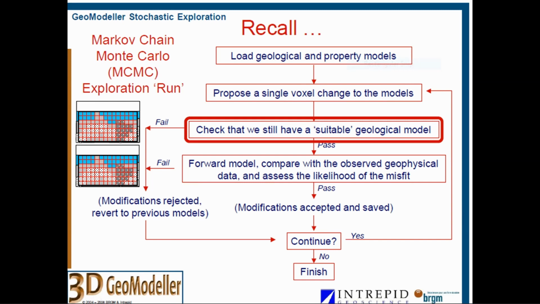Then again it will check the criteria of the geological constraint, then again calculate the forward response and check whether to accept the modification, getting a lesser misfit between the computed and observed data. This is how it continues operating throughout the different possible models, and only the few possible models that pass all the criteria will be provided as a final solution.